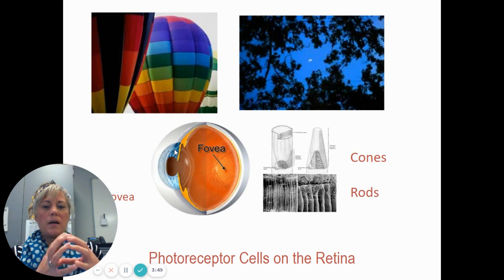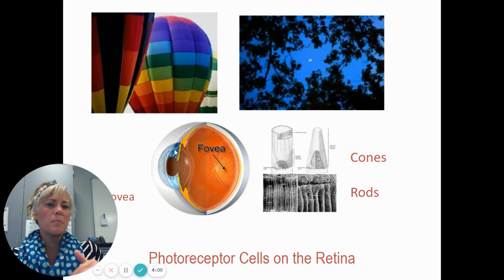That whole area is called the fovea. That's where the majority of your cones are clustered. So they're right in the middle of the retina, and that whole thing is called the fovea. It'll be responsible for your foveal vision. So anything that your cones are doing for you is your foveal vision.